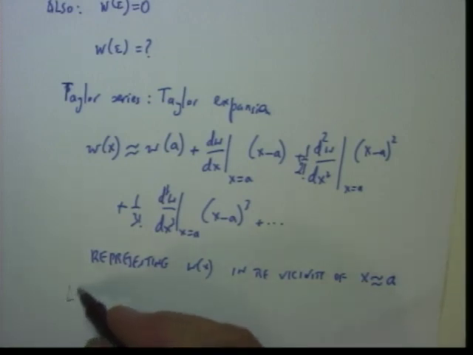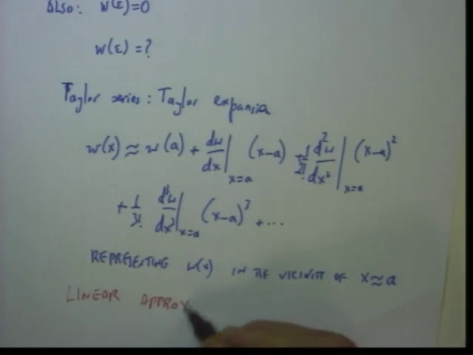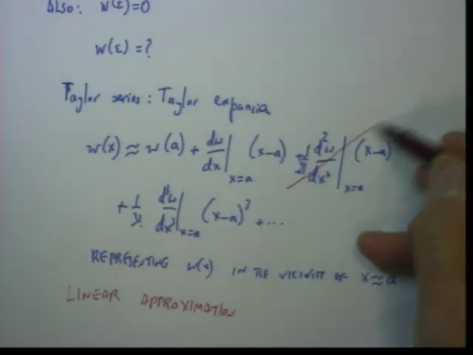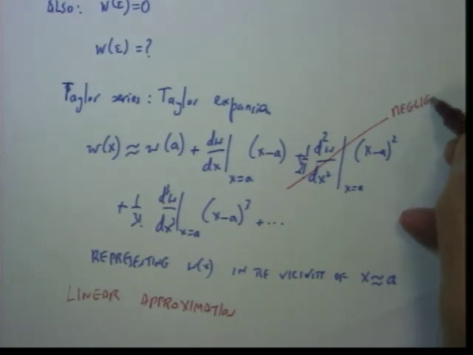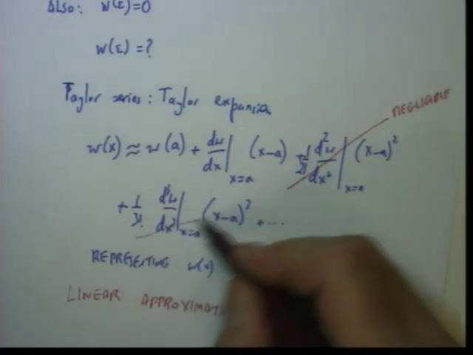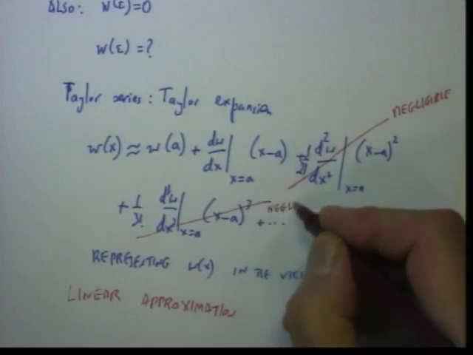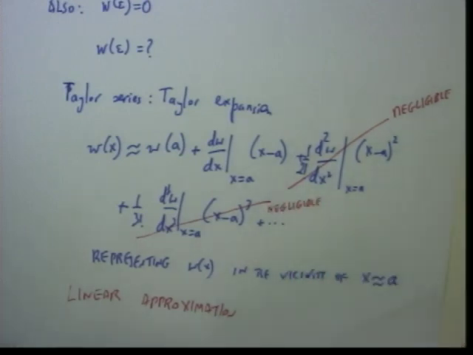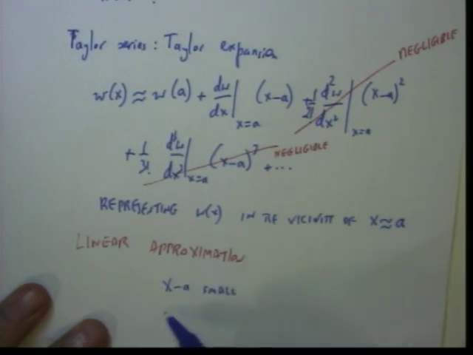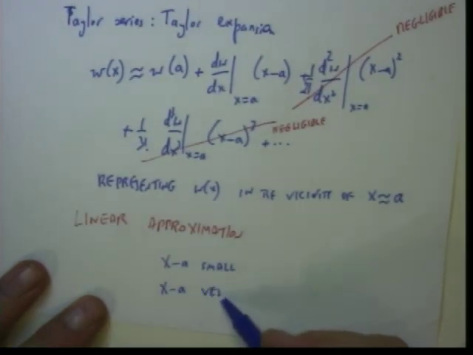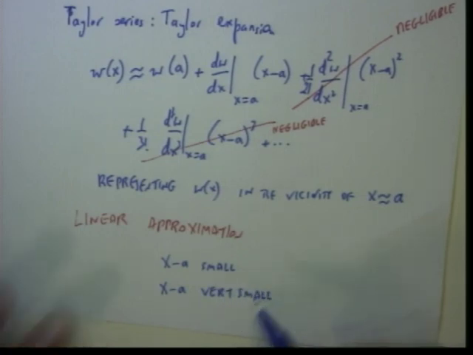Now, linear approximation means that these terms are small, so they are negligible. And this one also, negligible, because x is approximately A. So x minus A is small, of course. But x minus A squared is already very small. Yes, sir?